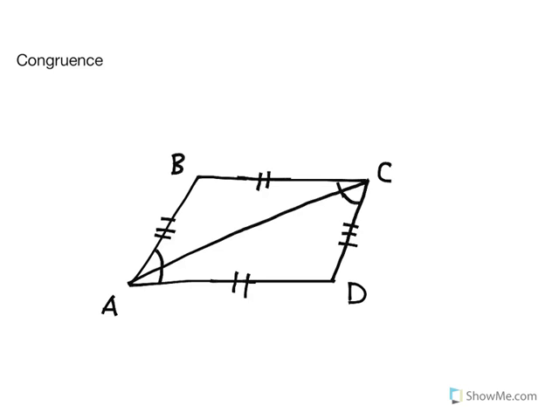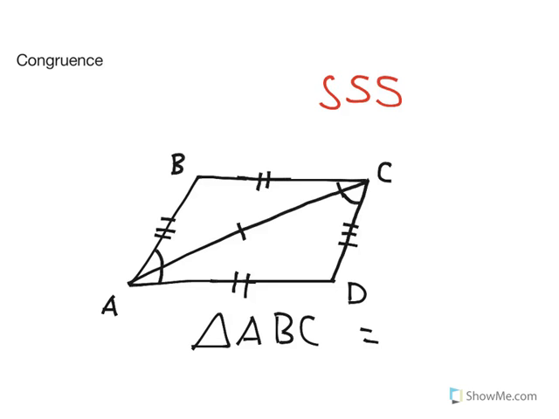Another thing we have to know is that the diagonal is, by the reflexive property, congruent to itself. So by that, we already know that we have SSS. And thanks to that, we know that triangle ABC is congruent to triangle ADC in all its sides and angles.